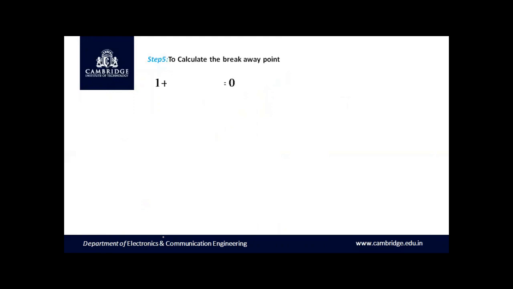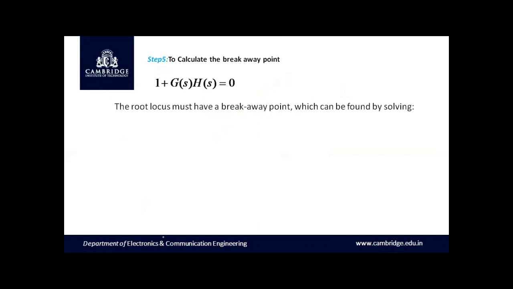We know the procedure to calculate the breakaway point. The first step is to write the characteristic equation 1 plus G of s into H of s equal to 0. The root locus must have a breakaway point which can be found by the following steps.